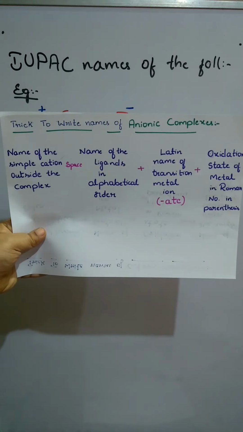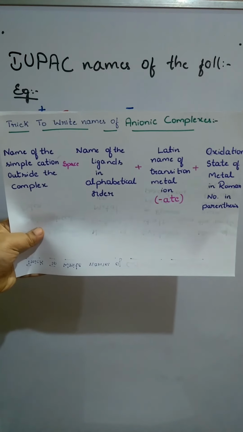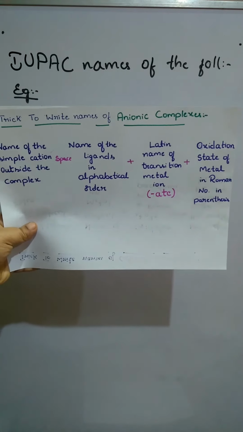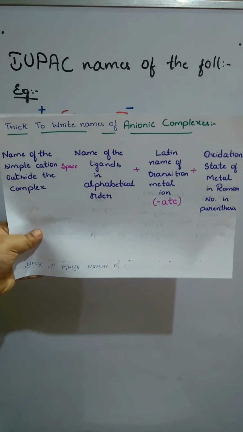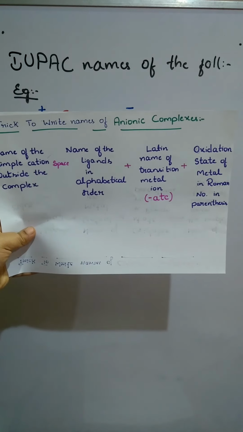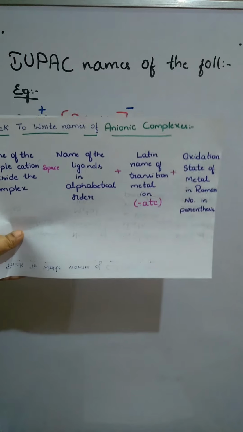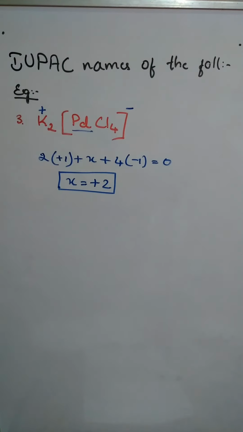So observe there. First we are going to write the cation, the simple cation name, and a space has to be left. Next, at a stretch we write the ligand and metal name, and the very important thing, the metal name should end with ATE. That is the rule. So we shall start writing the name of the compound.